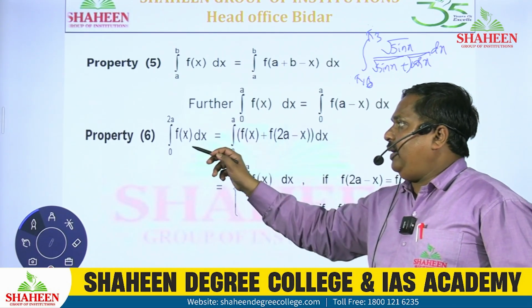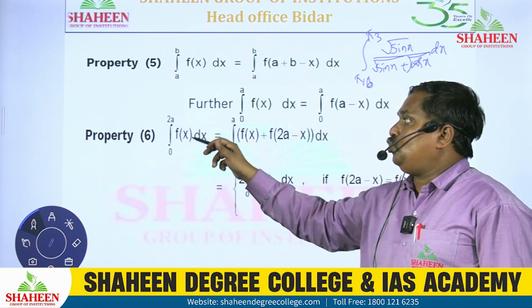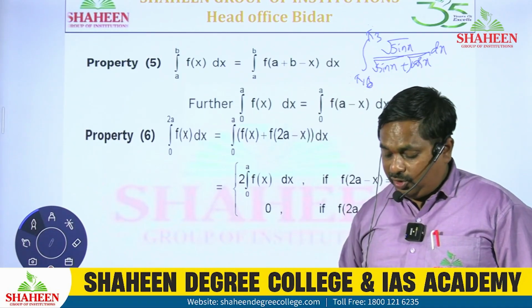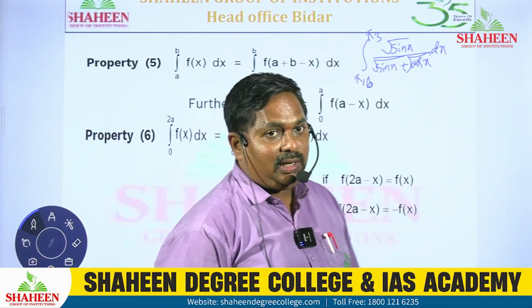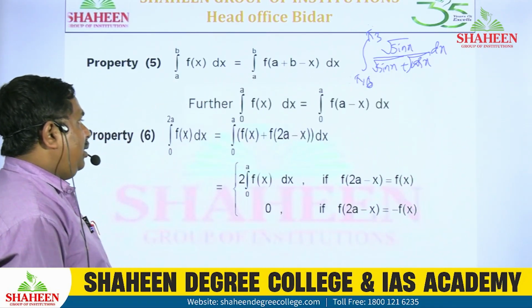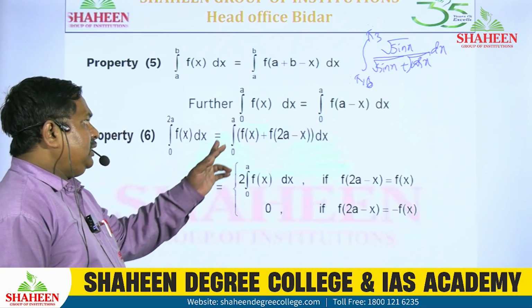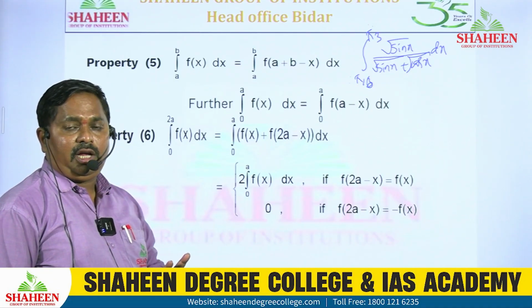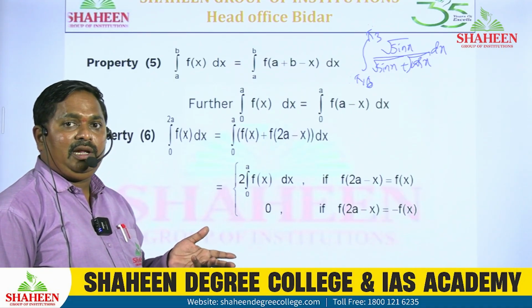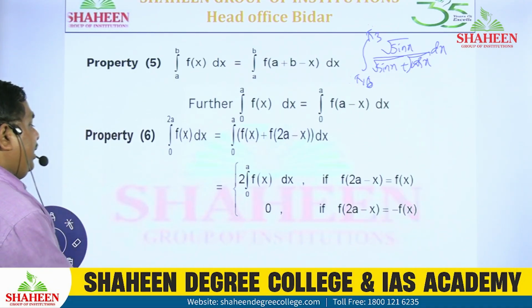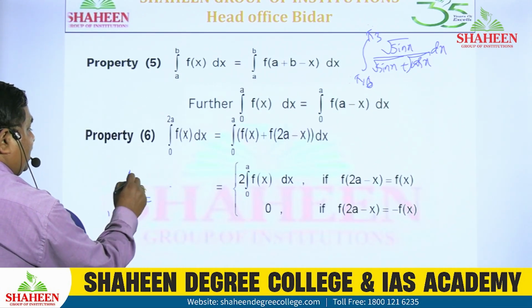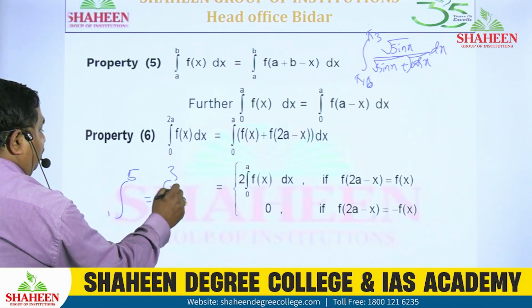Here we have the integration from 0 to 2a of f of x dx. It can be written as the integral of f of x plus f of 2a minus x dx. You know that integration from 1 to 5 dx can be split as 1 to 3 plus 3 to 5.